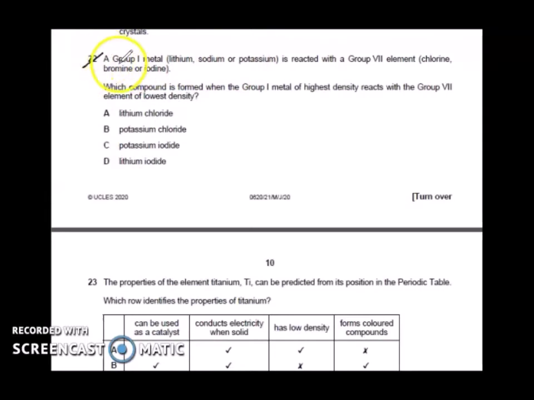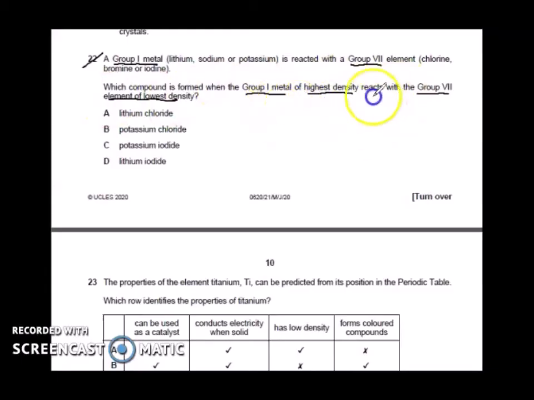Okay, 22. A group 1 metal, lithium, sodium, potassium, is reacted with a group 7 element. Which compound is formed when the group 1 metal of highest density reacts with the group 7 element of lowest density?